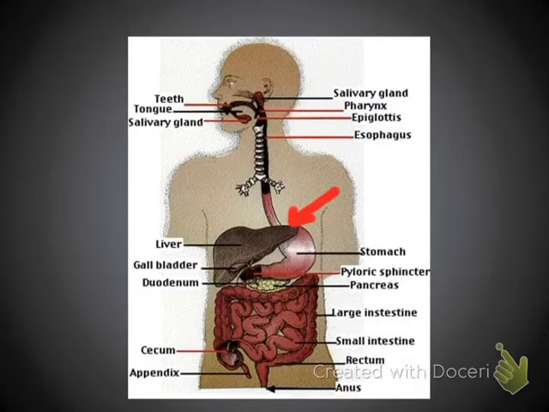Here at this point we do have this structure, which is known as the vermiform appendix, or just abbreviated as appendix.